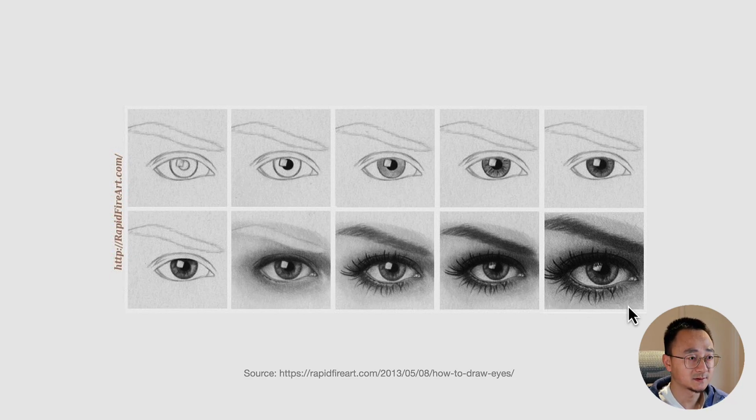That's just how you break it down. It's much easier if you draw these simple shapes as a first step, and then gradually add more things on top of them.